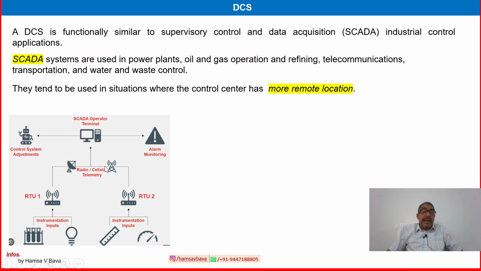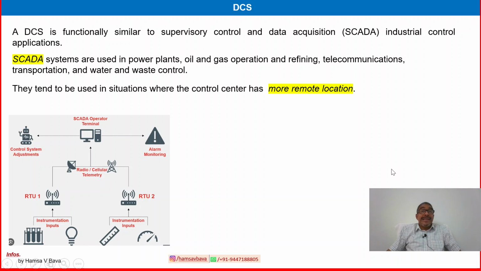And from there the communication goes to the HMI, human machine interface, that is the SCADA operator terminal. Radio and cellular telemetry technology is used for the communication between the LER or RTU and SCADA, or between the field.